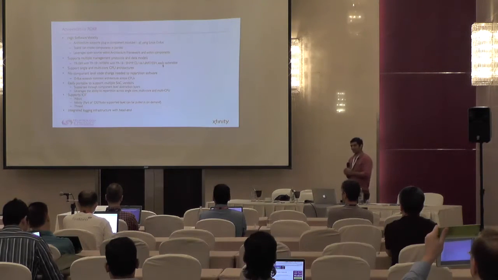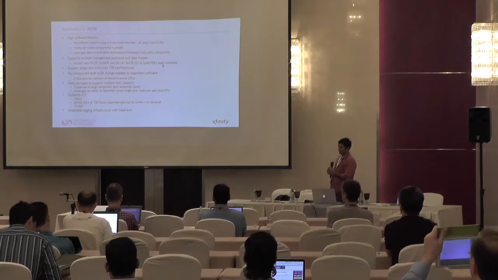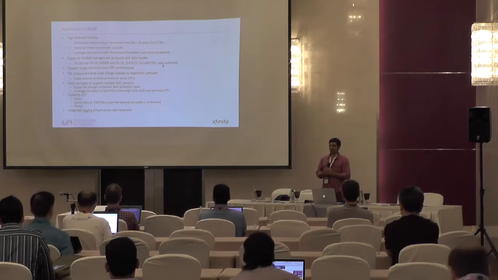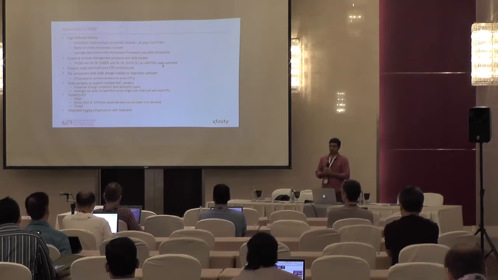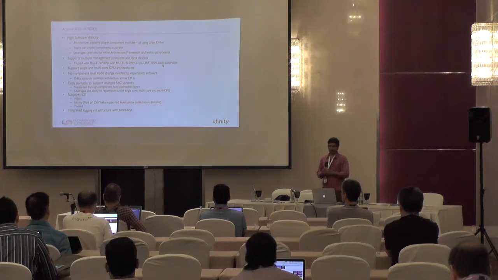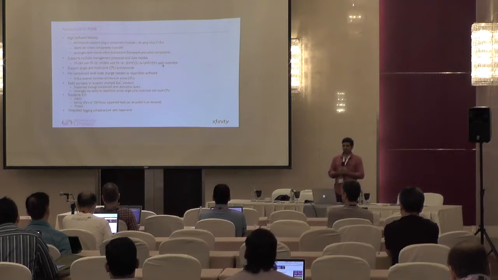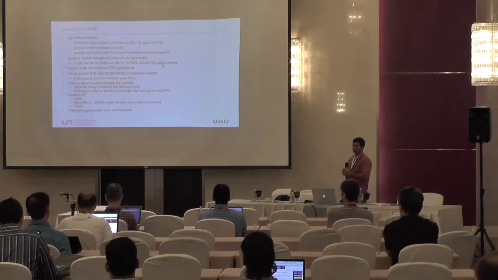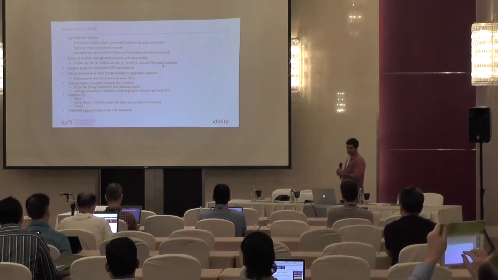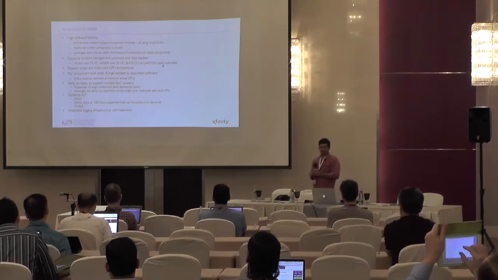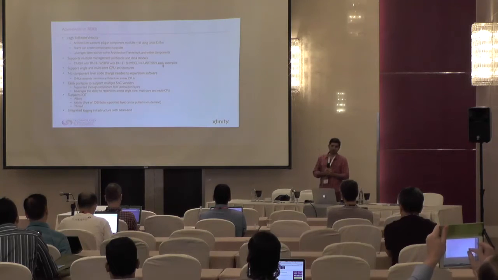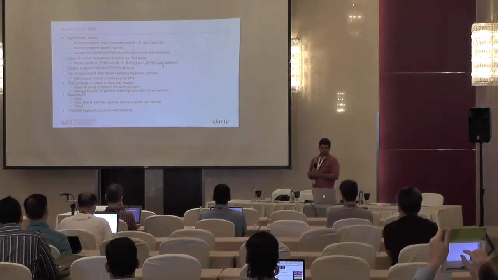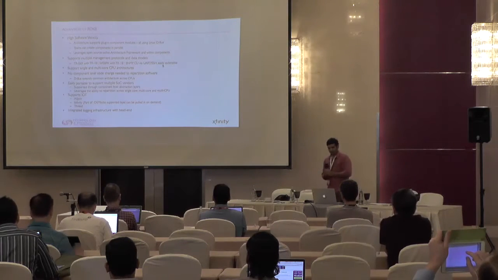It has runtime APIs, so you can register your APIs at runtime, and the component registry will be able to tell you what version of a component you are running, and every other component will be able to discern that and interact with that particular component at runtime. So there are no static APIs per se. So you can update a component and it will still fit into the system.